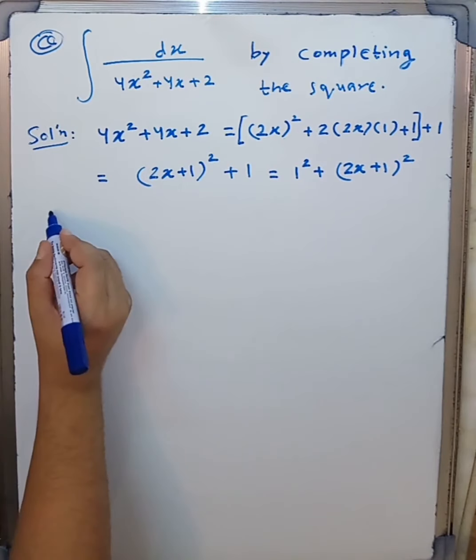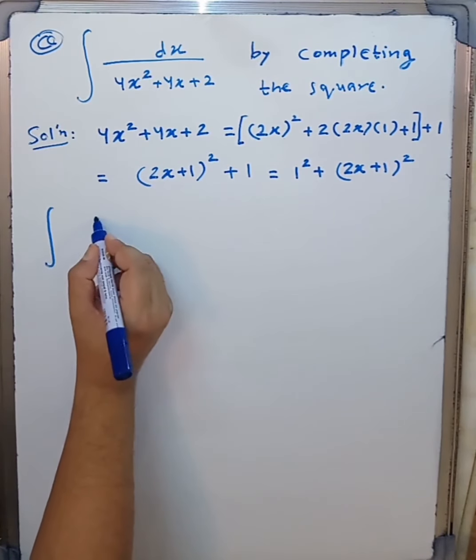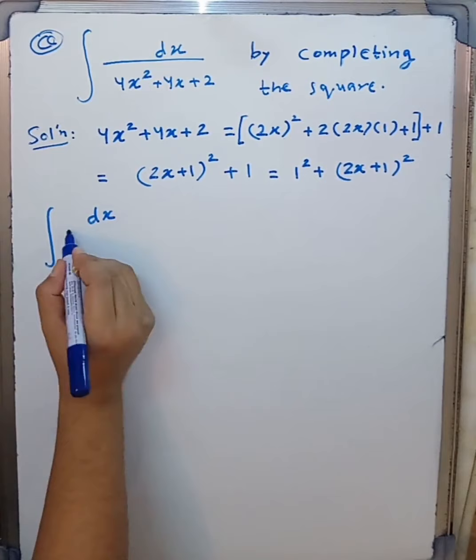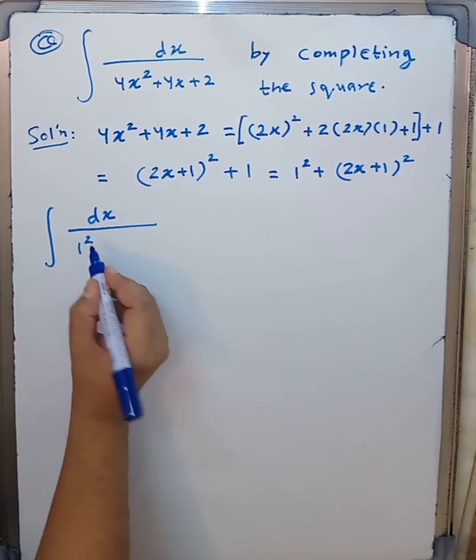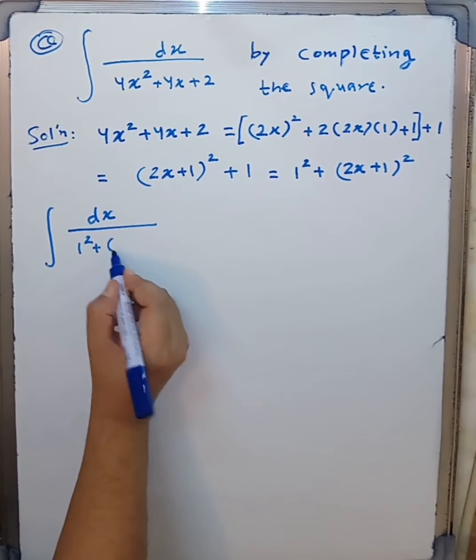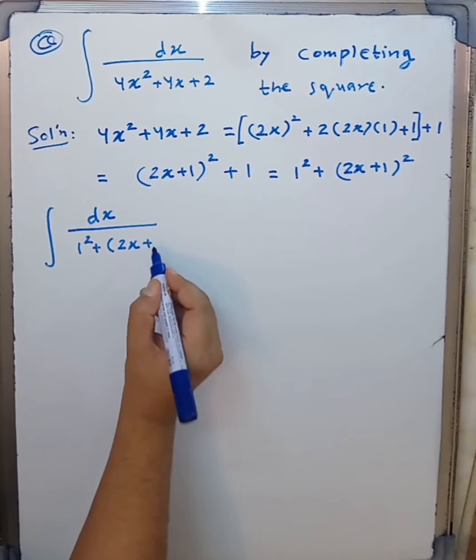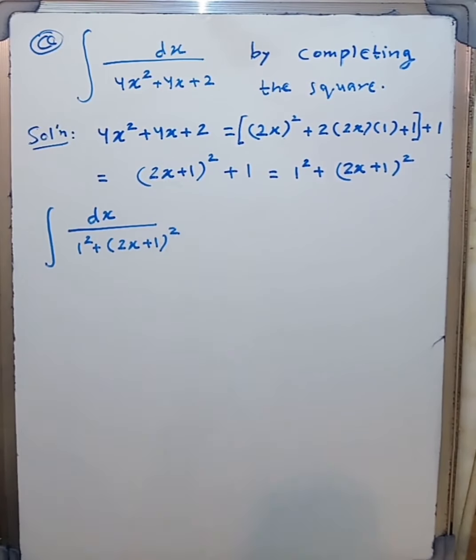Therefore, our integral changes to dx over 1 square plus 2x plus 1 whole square. And this form is similar to the form given in formula number 2.